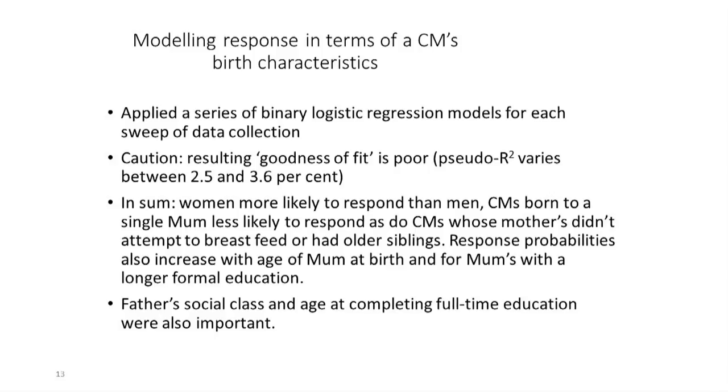If mum is slightly older than the majority of mums at the birth of a cohort member, and mums had a longer formal education than the majority of mums, then cohort members are more likely to respond. So you can see a kind of combination of factors which are generating a bias which is more complex than if you simply isolate one of these factors on its own.